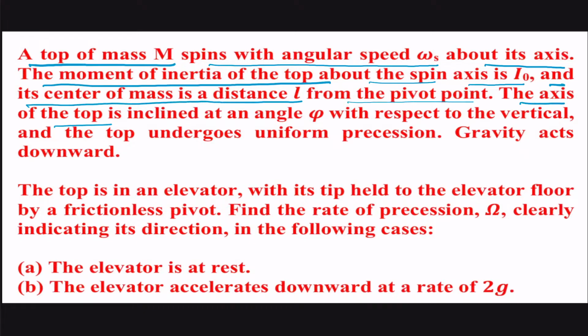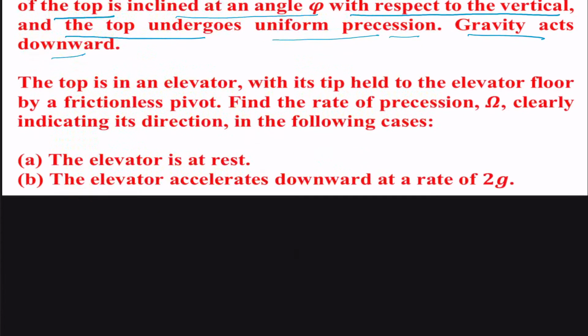The axis of the top is inclined at an angle of phi with respect to the vertical, and the top undergoes uniform precession. Gravity acts downward. The top is in an elevator with its tip held to the elevator floor by a frictionless pivot. Find the rate of precession omega, clearly indicating its direction in the following cases.